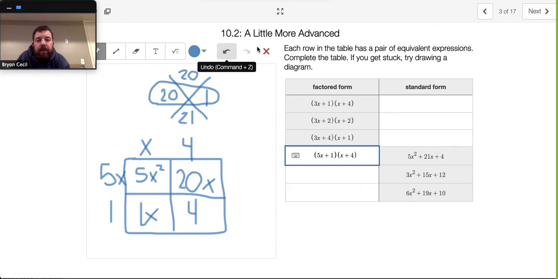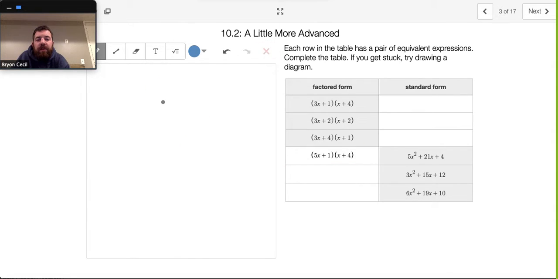Okay, so now let's do this again. I'm going to use the AC method. So I'm going to take 3 times 12 and get 36. And then I have 15 down below.